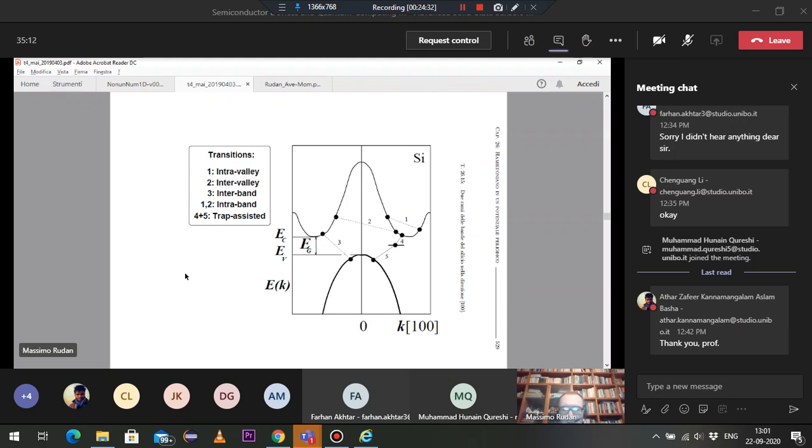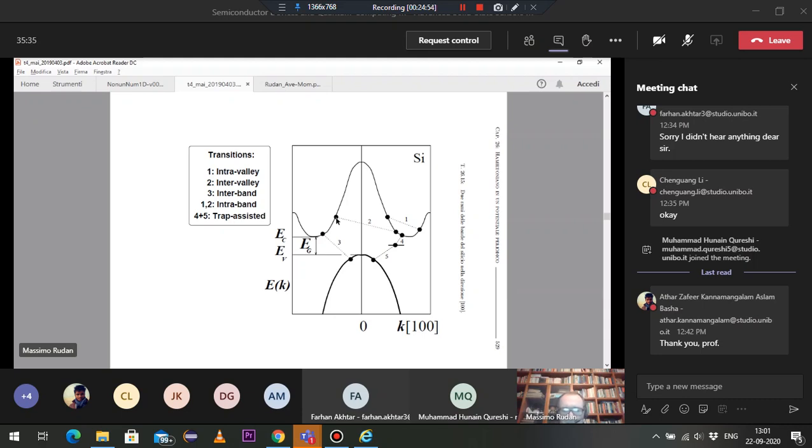So now assume that those dots that you can see in the figure represent electrons. Consider, for instance, this dot that I'm indicating with the mouse.